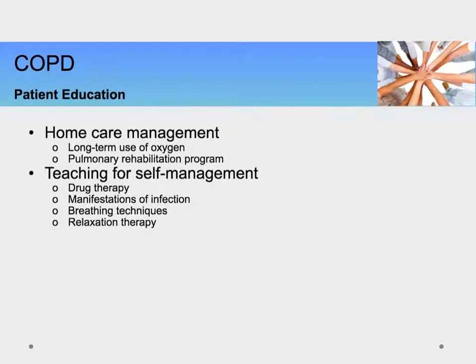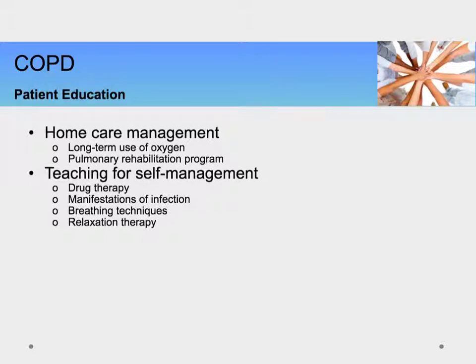This is just kind of a summary of all the patient education that's required for a COPD patient. Long-term use of oxygen may be indicated. If that is so, then we need to help them make sure that gets facilitated. Pulmonary rehab is an outpatient service that can be utilized.